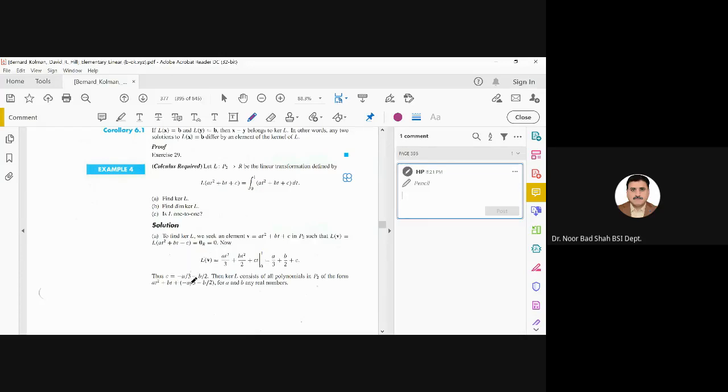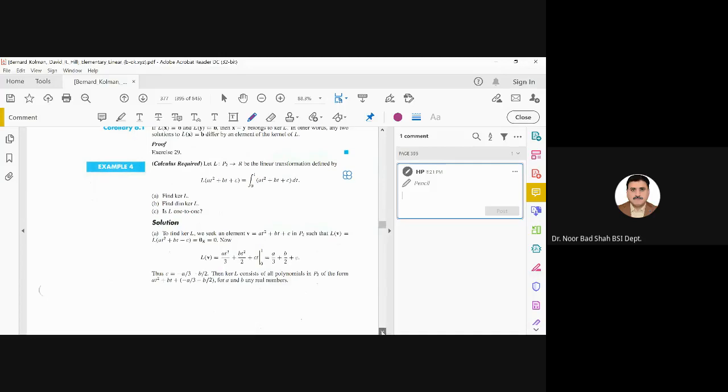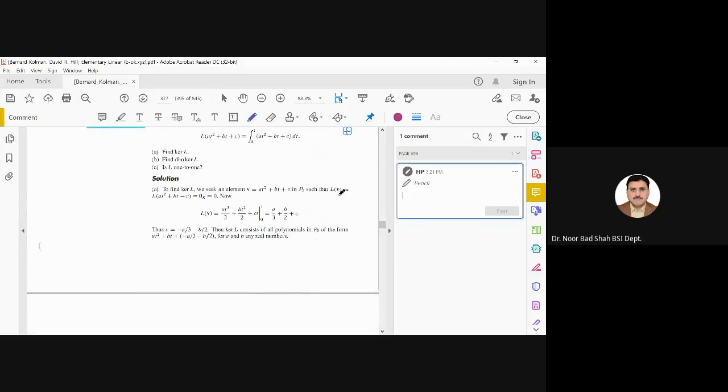So c is equal to minus a by 3 minus b by 2. So all the vectors in the kernel will be of the form at squared plus bt plus (minus a by 3 minus b by 2), where a and b are any real numbers. For the kernel, we take L of V to be 0.